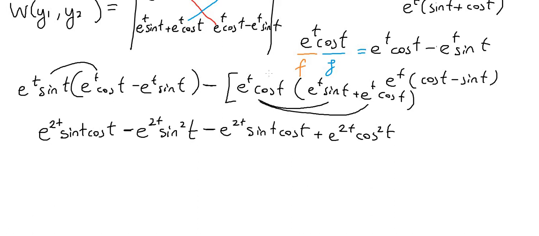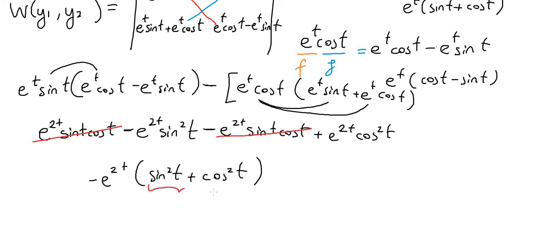Now we can simplify negative e to the 2t sine t cosine t and positive e to the 2t sine t cosine t. Now we are left with negative e to the 2t times sine squared of t plus cosine squared of t.